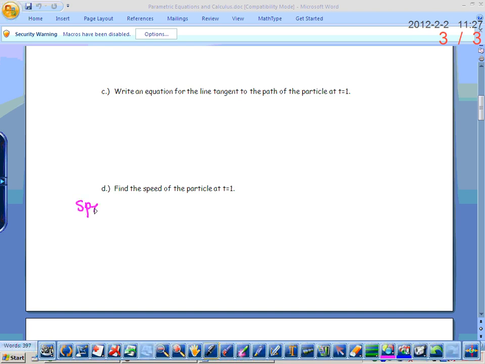But speed, and you may know this from physics, is the square root of x prime of t, the quantity squared, plus y prime of t, the quantity squared.